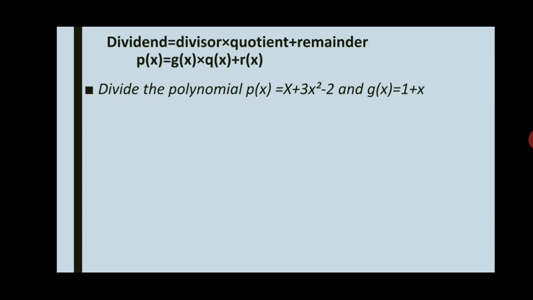Then it is given by p of x is equal to g of x into q of x plus r of x. Now one problem is shown here. Divide the polynomial p of x is equal to x plus 3x square minus 2 by g of x is equal to 1 plus x. Can you divide this?